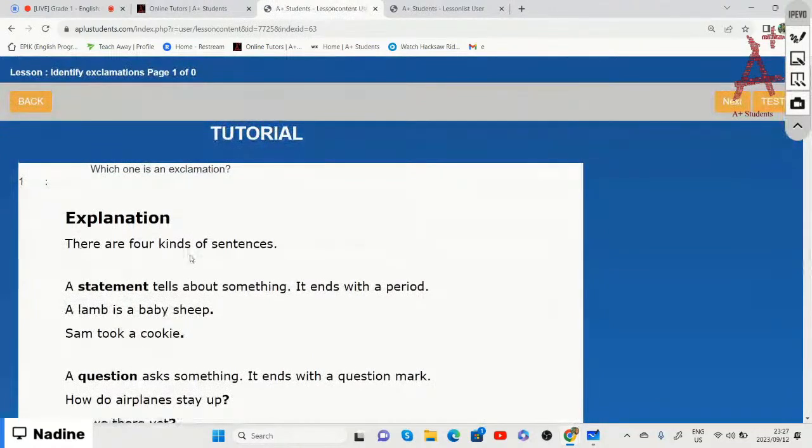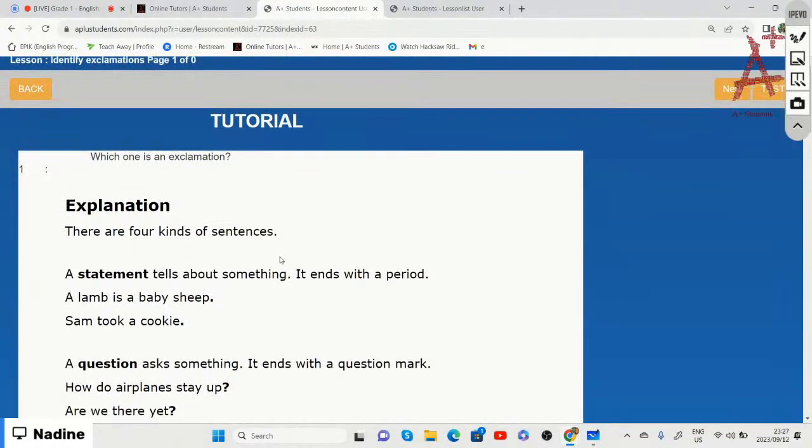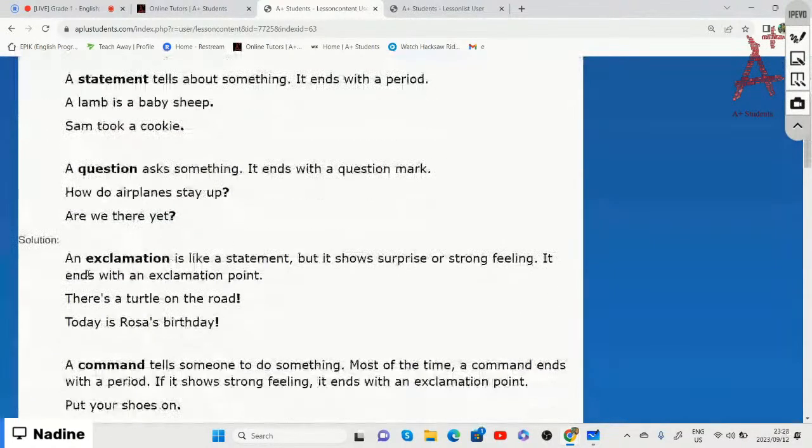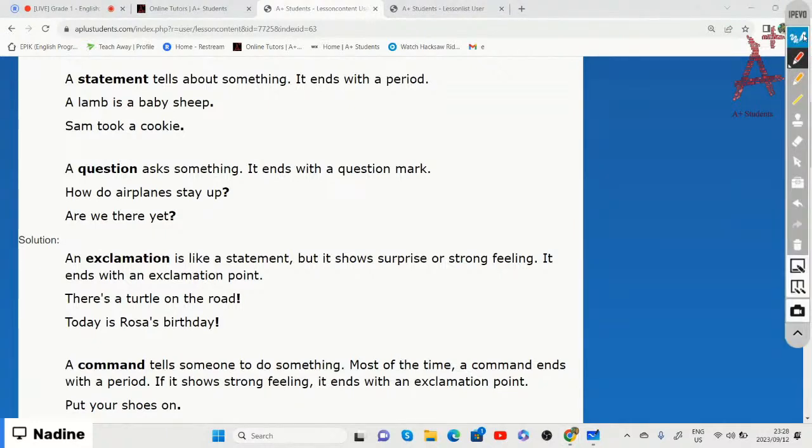And with an exclamation, an exclamation is like a statement, but it shows surprise or strong feeling. It ends with an exclamation point.